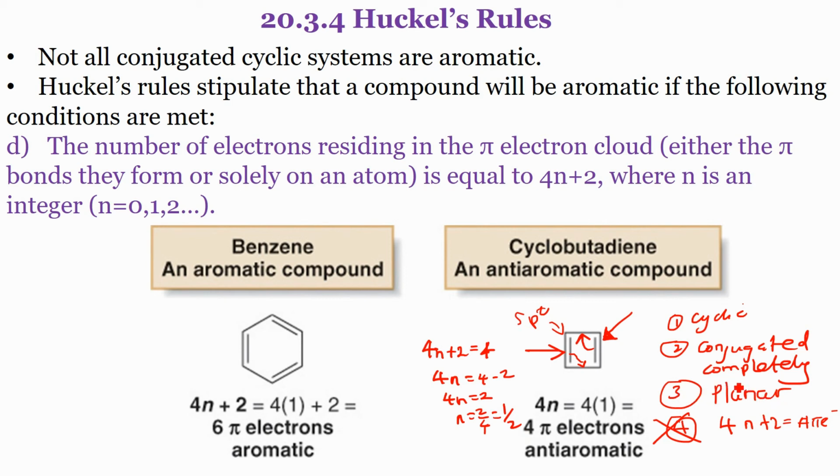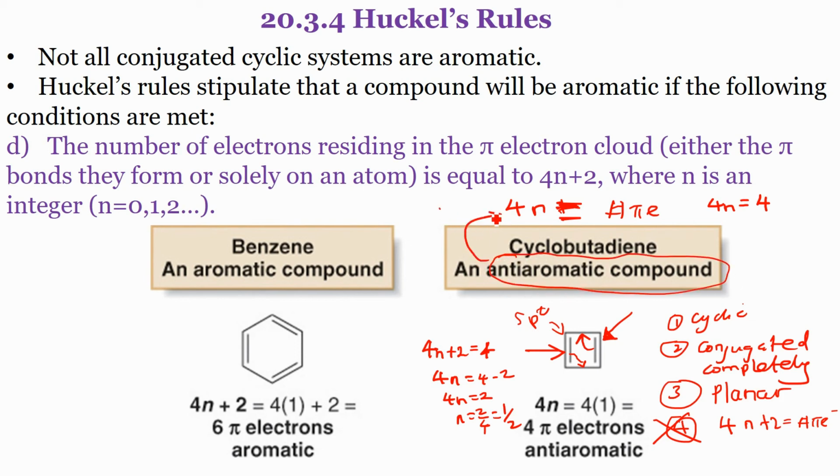Now, does it pass the 4n rule? Yes. Instead of passing the 4n plus 2 rule, it passes the 4n rule. Actually, the rule is 4n equals the number of pi electrons. This is the rule for anti-aromatic compounds.